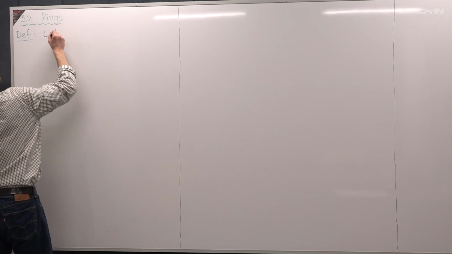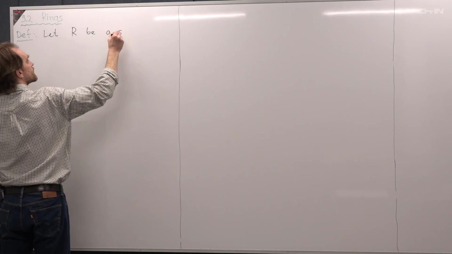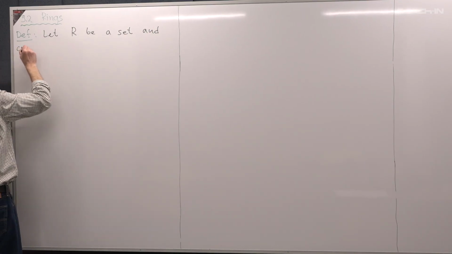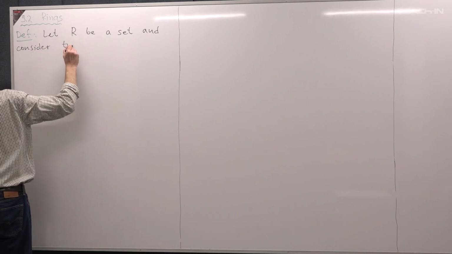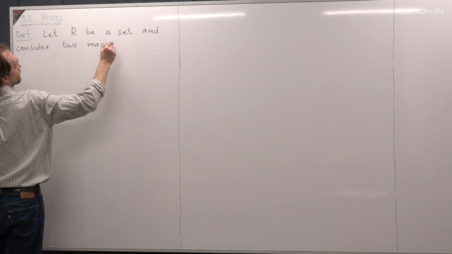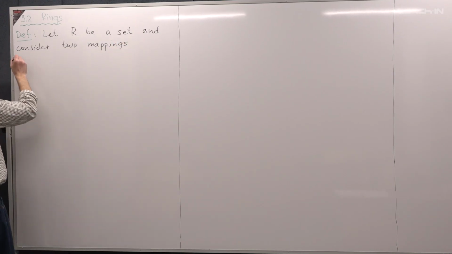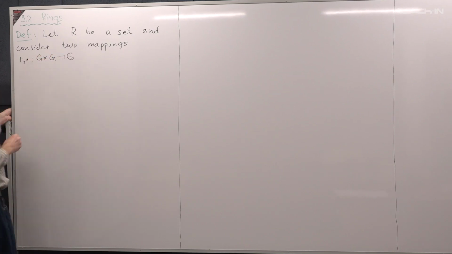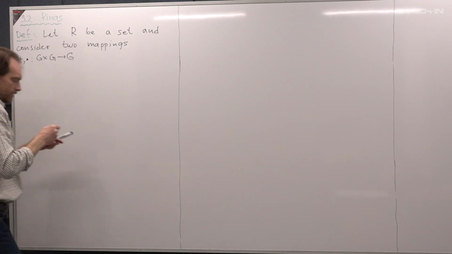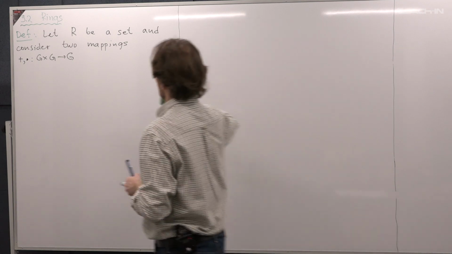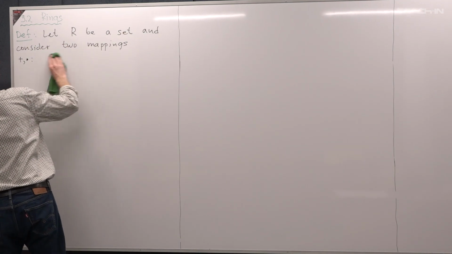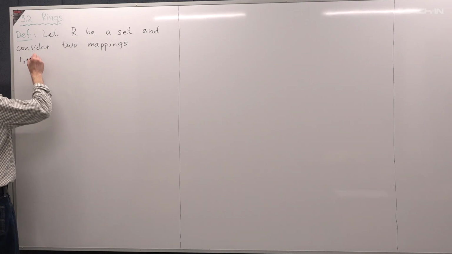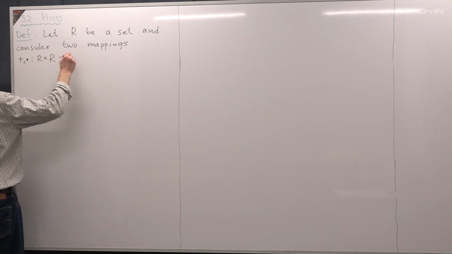So let R be a set, and consider two mappings plus and dot, which act on the Cartesian product of, sorry, not G, in this case we denote the set by R. So two mappings from the Cartesian product of this set to itself.